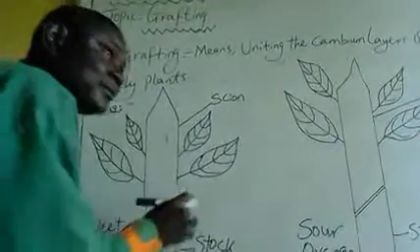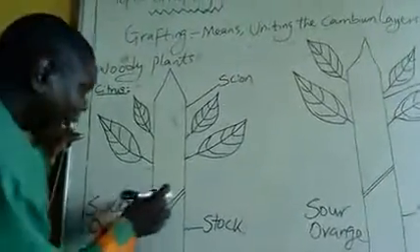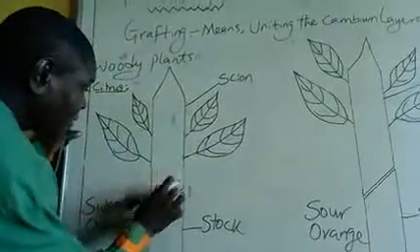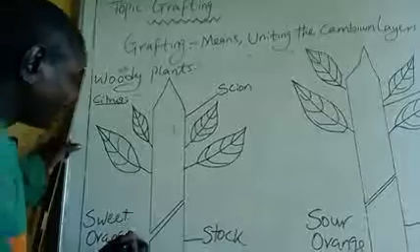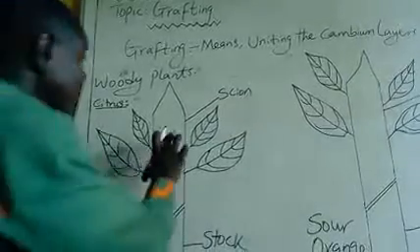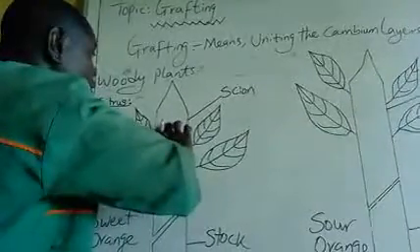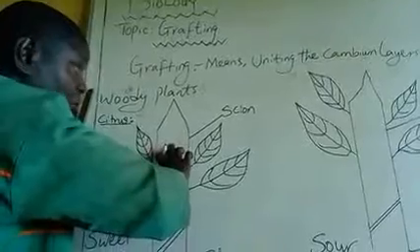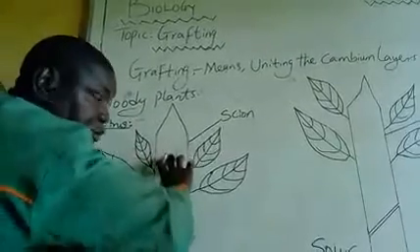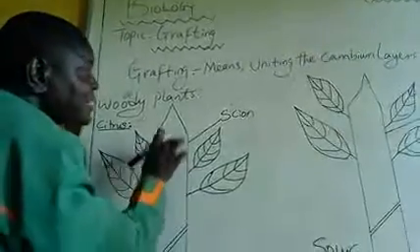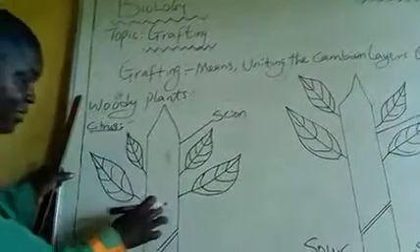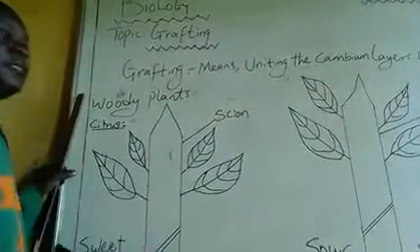You cut it in a slanting form. You are going to make use of this shoot, this scion, because it's a sweet orange.